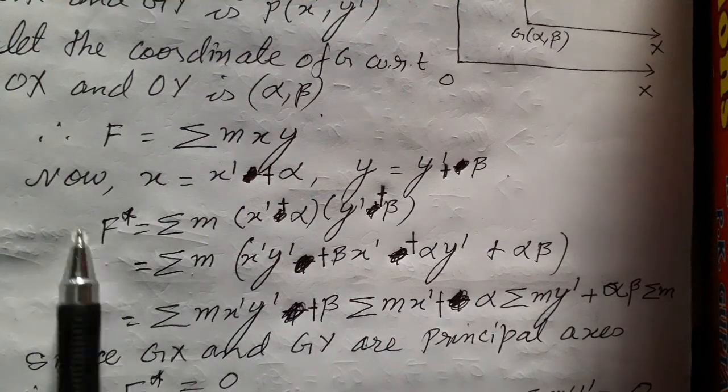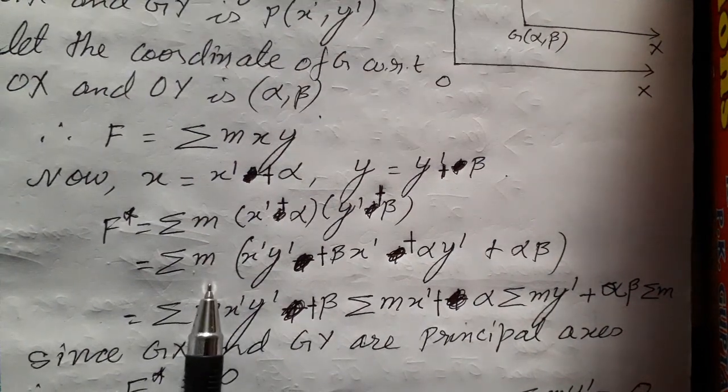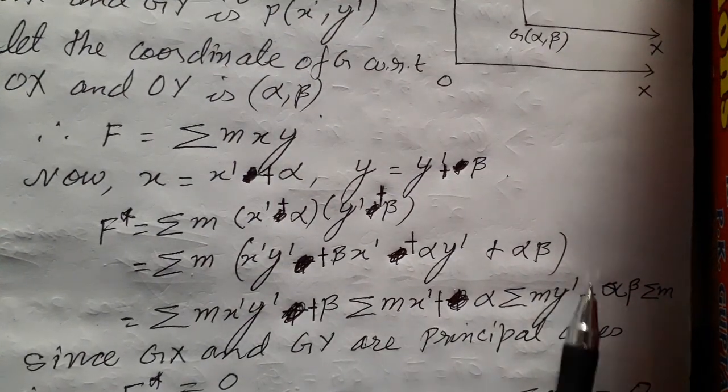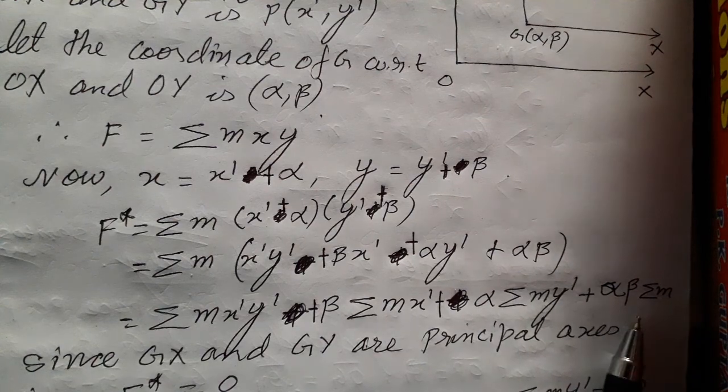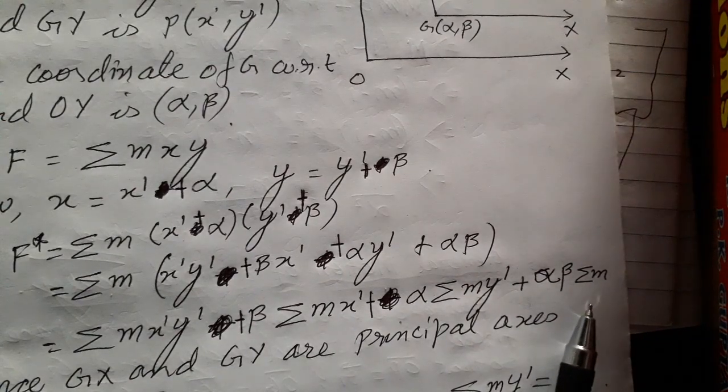Now, since we have taken Gx and Gy as the principal axes, the product of inertia should be 0. So the first quantity is 0, the second can be 0, and the third can be 0. But the quantity alpha beta summation m can never be 0.